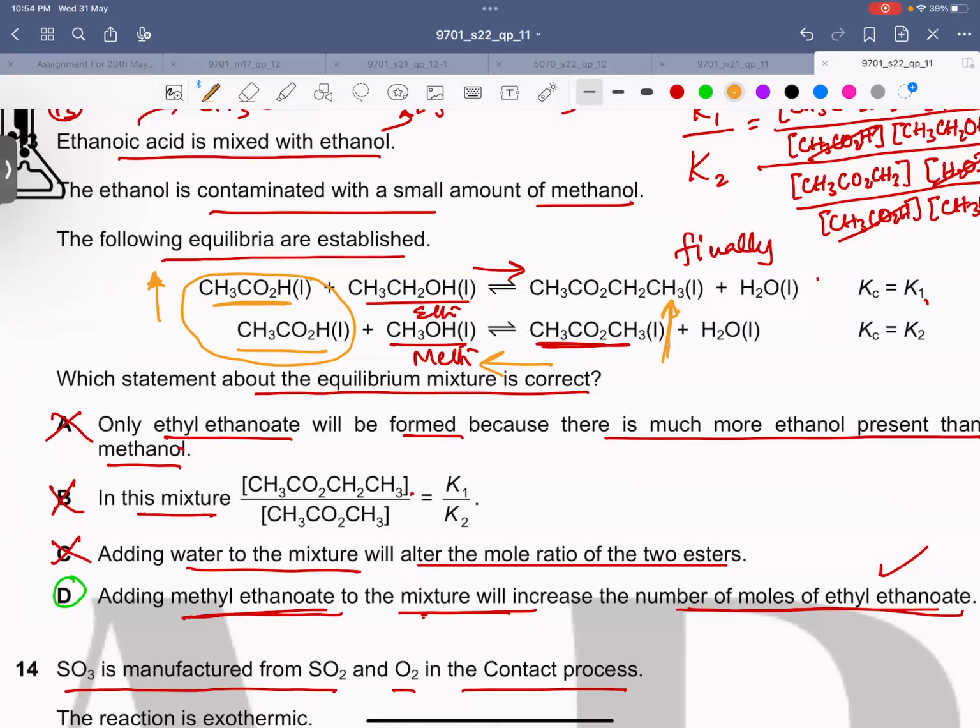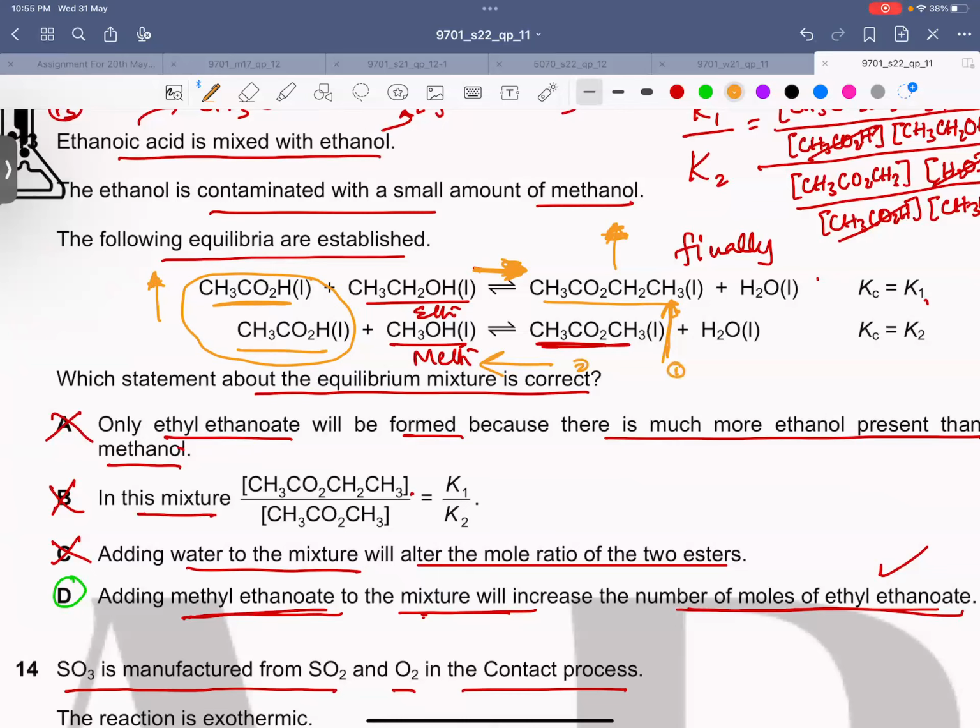So as a result, it starts affecting the first equilibrium, and the first equilibrium starts to shift to the right because it is getting more ethanoic acid in the container. And when the equilibrium shifts towards the right, we will get more moles of ethyl ethanoate. Now, is this understandable?